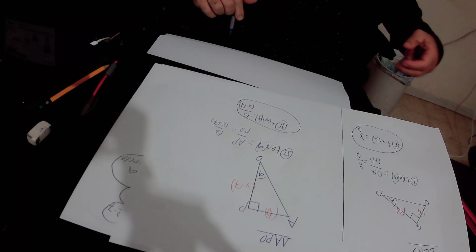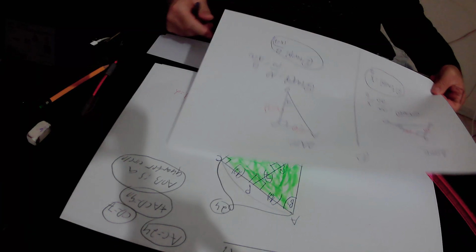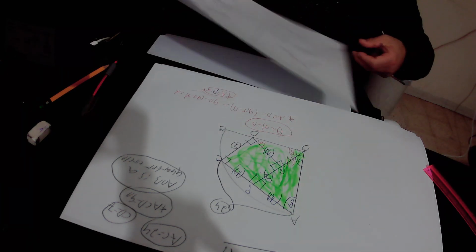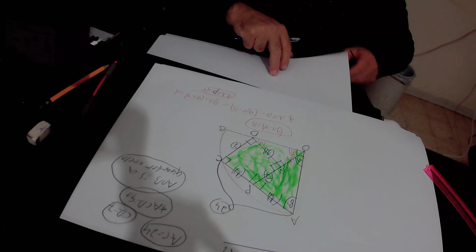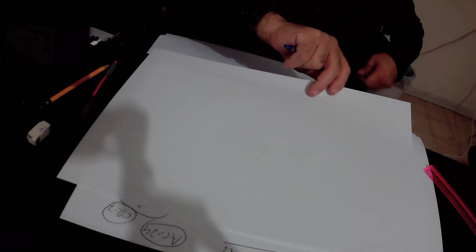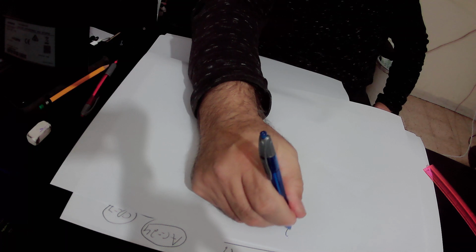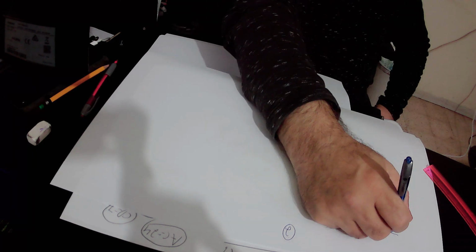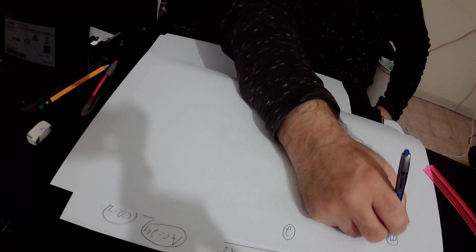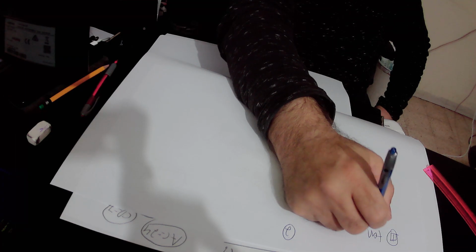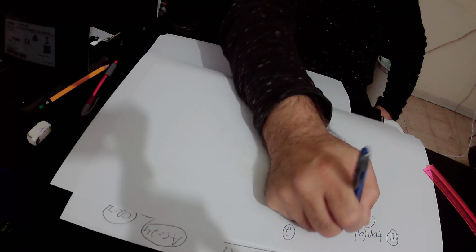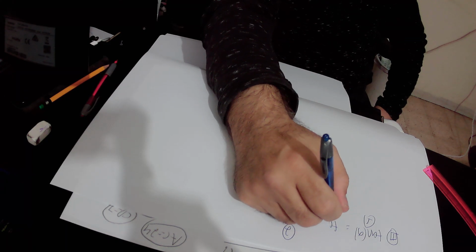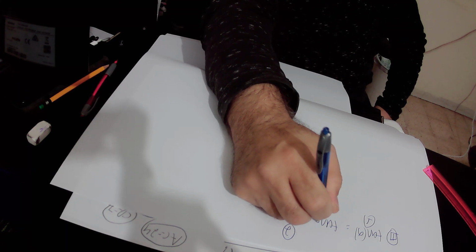In the next step we'll create equation number 3 that states the tangent alpha according to equation number 1 must be equal to tangent alpha according to equation number 2.